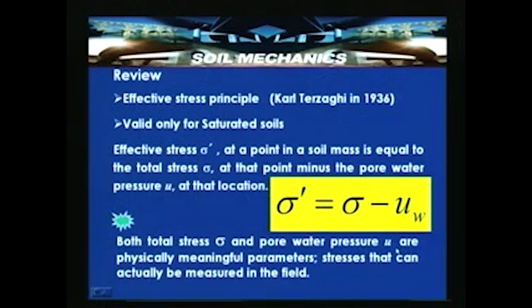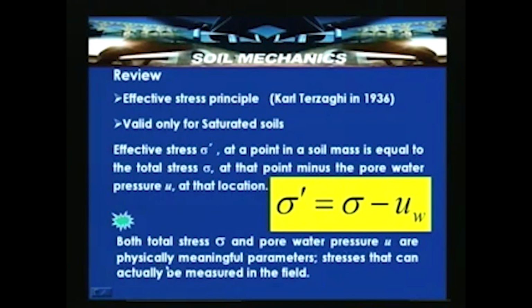Sigma is the total stress, which may be the result of the overburden or the soil above the particular point under consideration, and uw is the pore water pressure, which varies from the top of the water surface to the point under consideration.